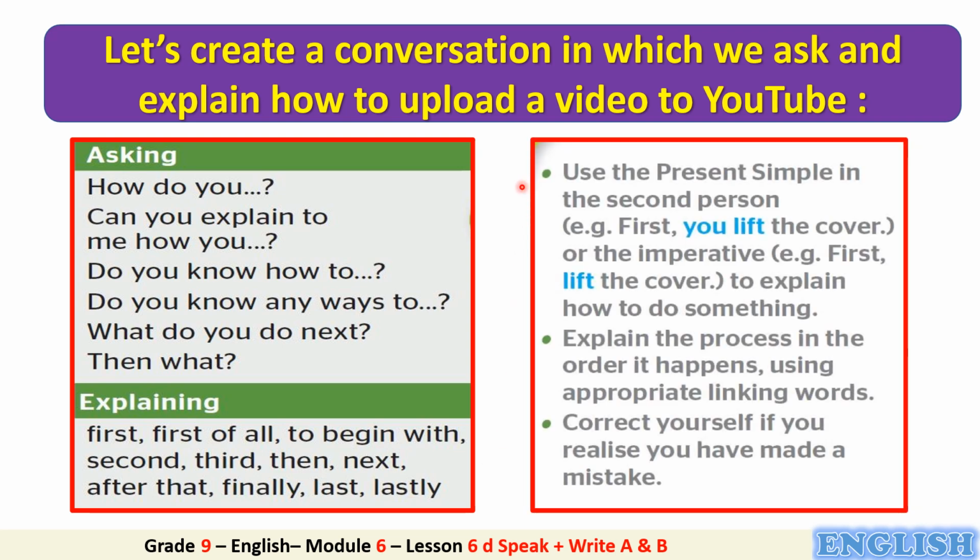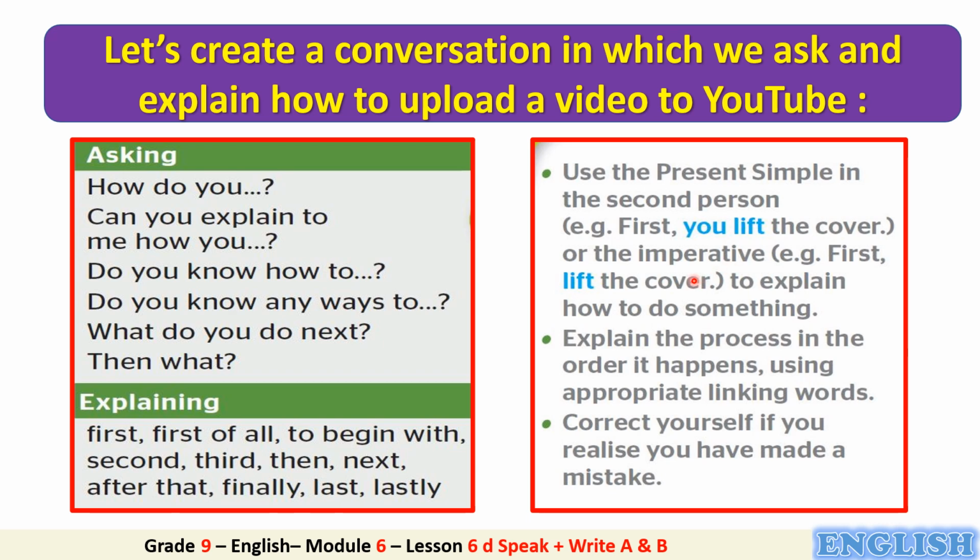Take care of these points. Use the present simple in the second person, for example, first, you lift the cover, or the imperative, for example, first lift the cover, to explain how to do something. What is the difference between these two ways? When we use the present simple in the second person, we use the pronoun you with the verb in the present simple.